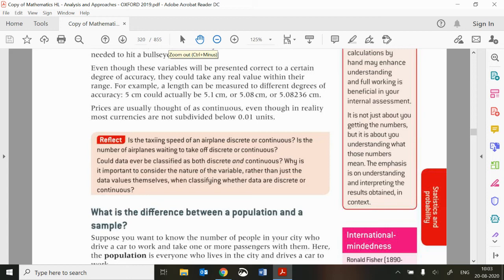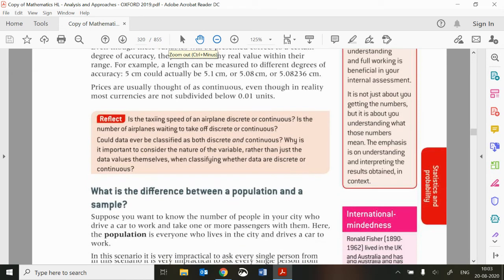Prices are usually thought of as continuous because when you're doing calculations, for example, when you're finding compound interest, you'll soon realize that you end up getting long strings of decimal answers. And we only round off to the lowest currency unit because that's practical to do. But in fact, prices are generally treated as continuous when we're using them in financial situations. Okay, well, there you go.